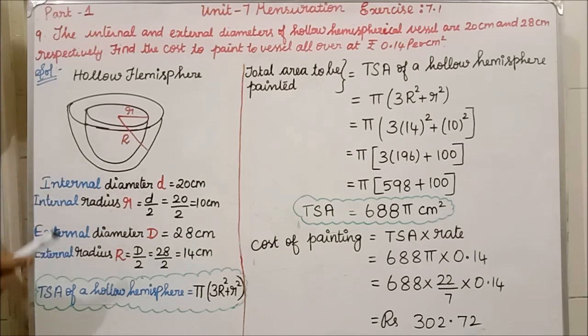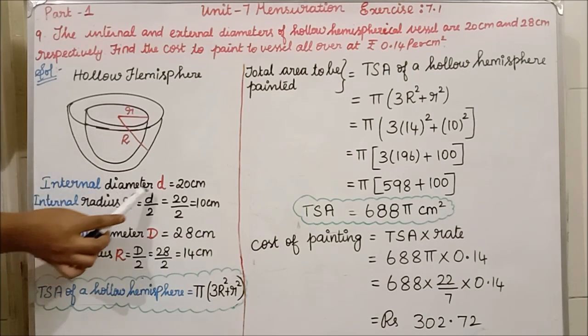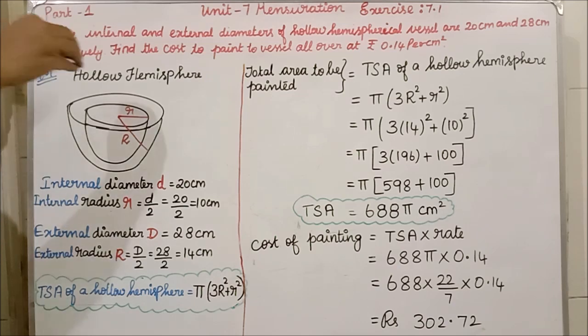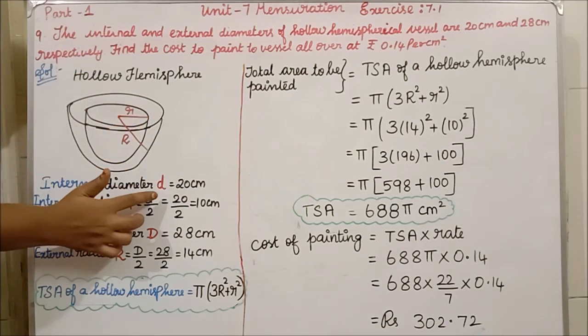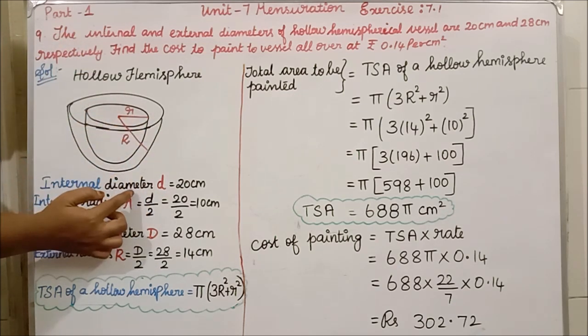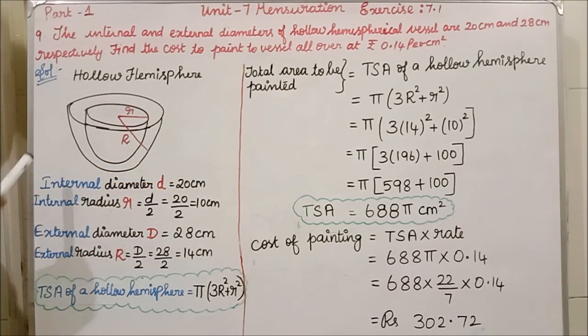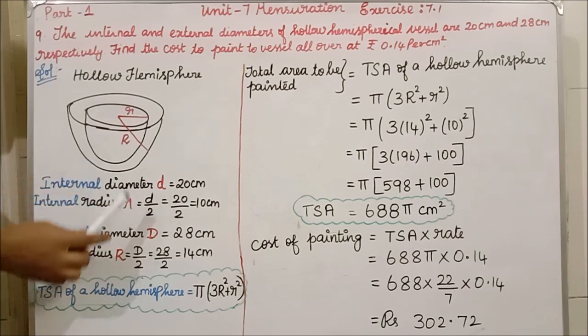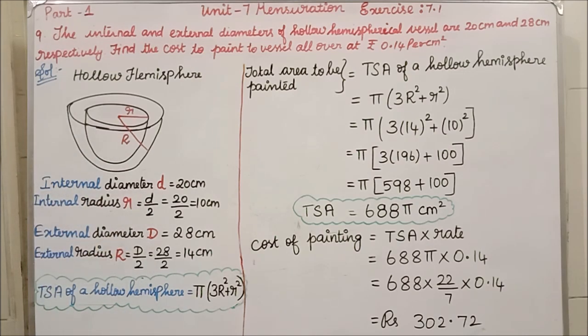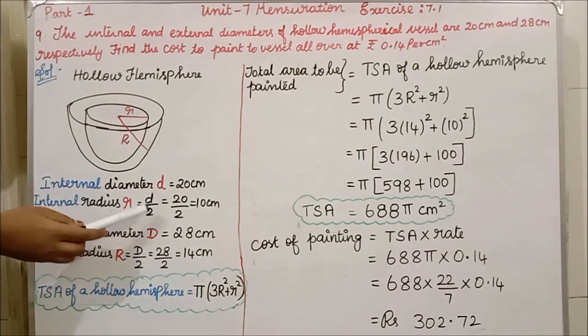Here, see, we are talking about a hollow hemisphere. We have to draw the diagram. See, internal diameter, small d. Internal means inside, small r. So small d is equal to 20 centimeter. So internal radius, small r, is equal to d by 2. Okay, how will you convert to radius if they have given diameter? You have to divide the diameter by 2.